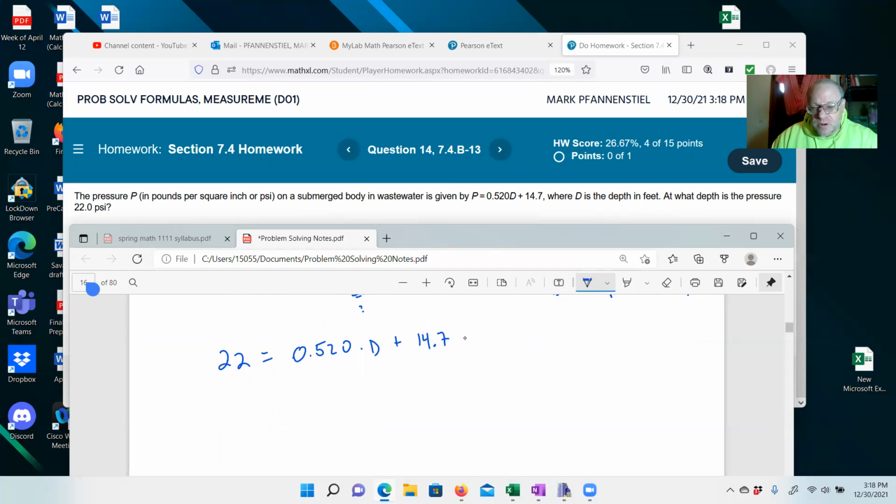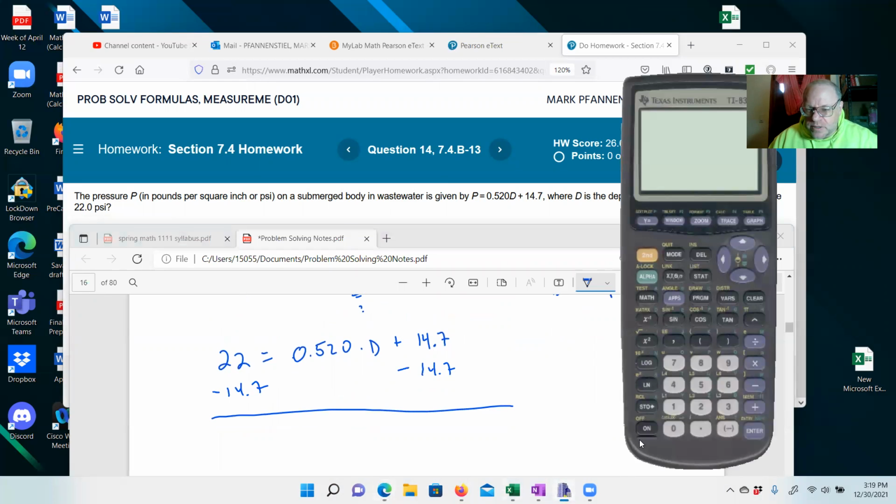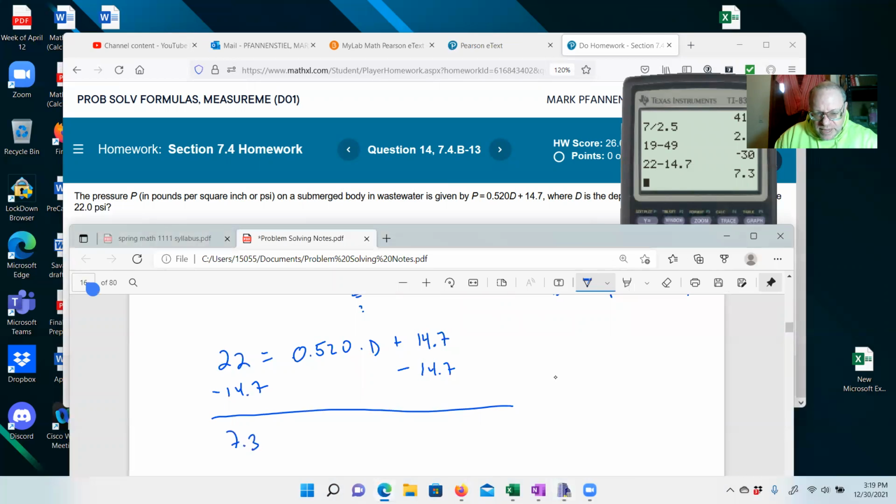So we're going to subtract our 14.7 from both sides. We're going to say 22 minus 14.7, which is 7.3, so we have 7.3 equal to 0.52 D. We don't really need the trailing zero.